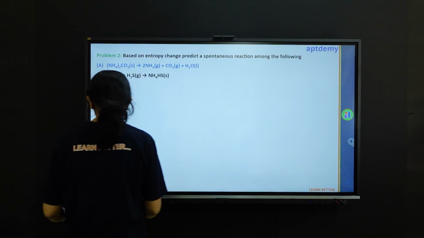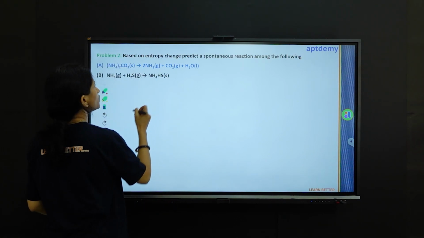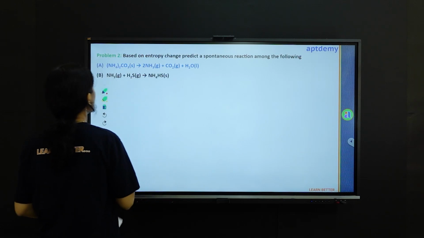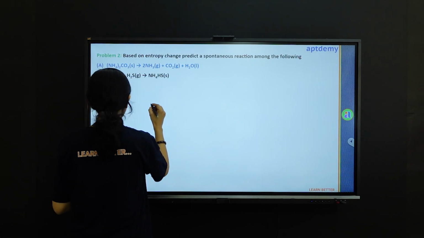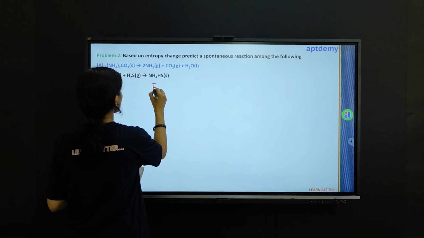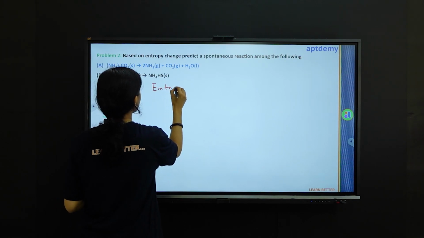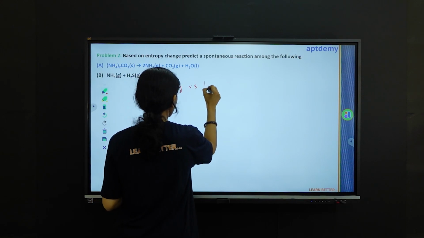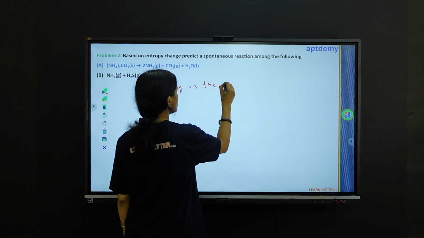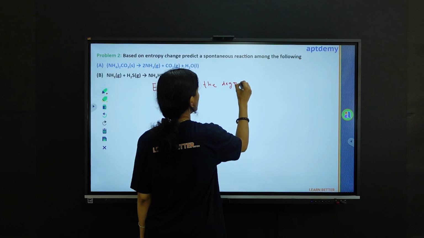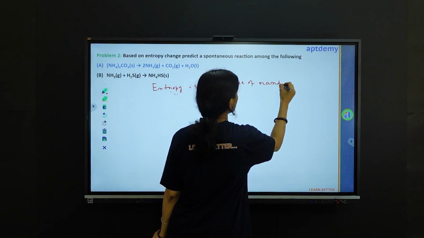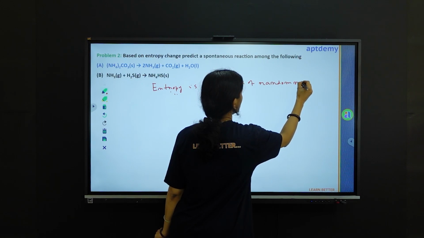So what do we know about entropy? Entropy is a measure of disorderedness, right? Entropy is the degree of disorderedness or randomness, right?